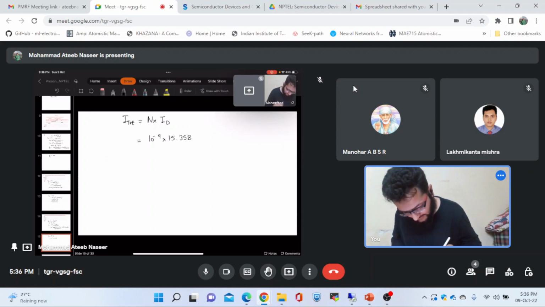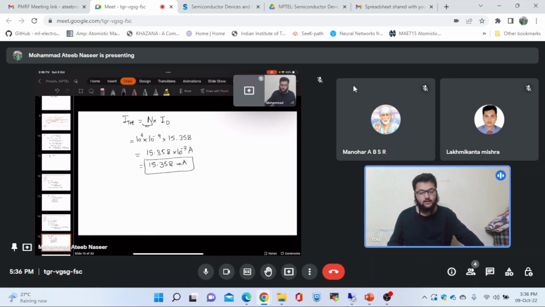Now, this has to be multiplied by N, which is 10 to the power of 6. Let us multiply it beforehand so that we don't get confused where this number came from. So it will simply be equal to 15.358 into 10 to the power of minus 3 amperes, or it is equal to 15.358 milliamperes.